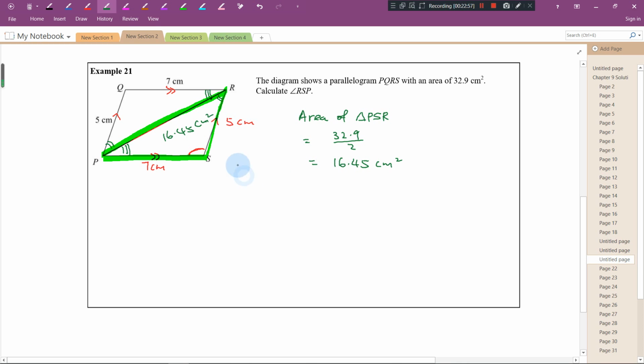Okay, now how do we get the angle of this RSP? We know that 1 over 2 times 7 times 5 times the sine of this angle will be equal to the area of this triangle, which is equal to this, right? 1/2 times 7 times 5 times sine angle RSP.